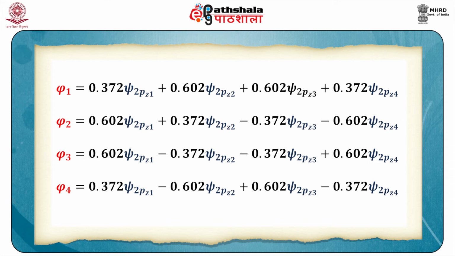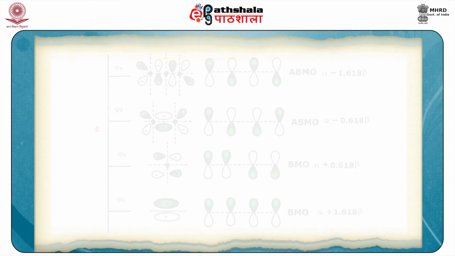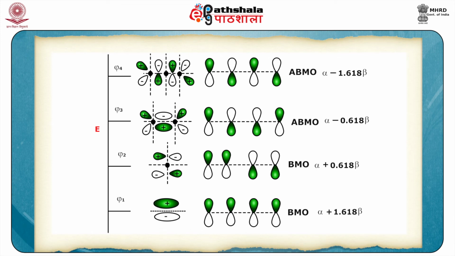Once we have got these 4 molecular orbitals, out of which 2 are bonding molecular orbitals and 2 are anti-bonding molecular orbitals, as we can see from the equations, the pictorial representations of these molecular orbitals can be shown as given here.